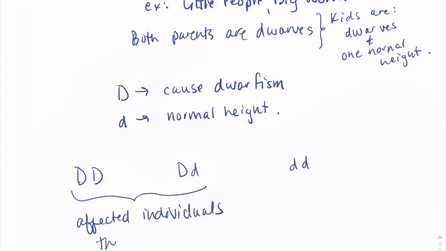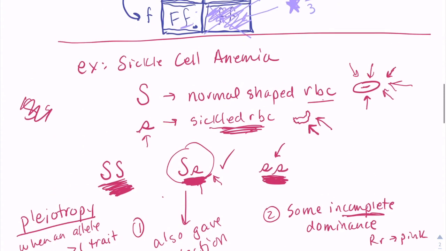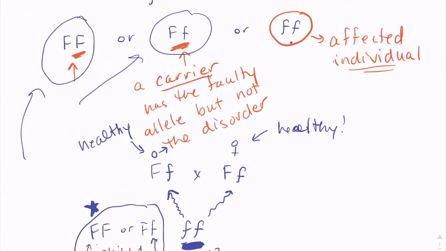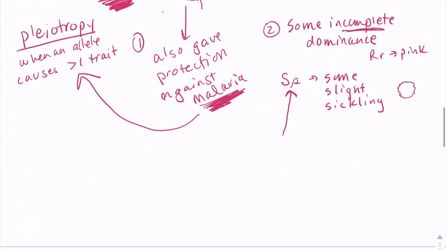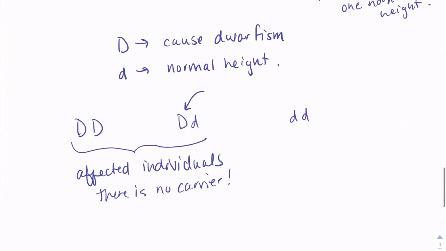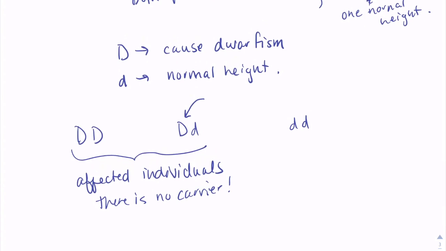There is no carrier. Because if you carry just one allele, you've got the disorder. Way back here with cystic fibrosis, a carrier is someone that has the faulty allele but not the disorder. Down here, a person who carries the faulty allele has the disorder.